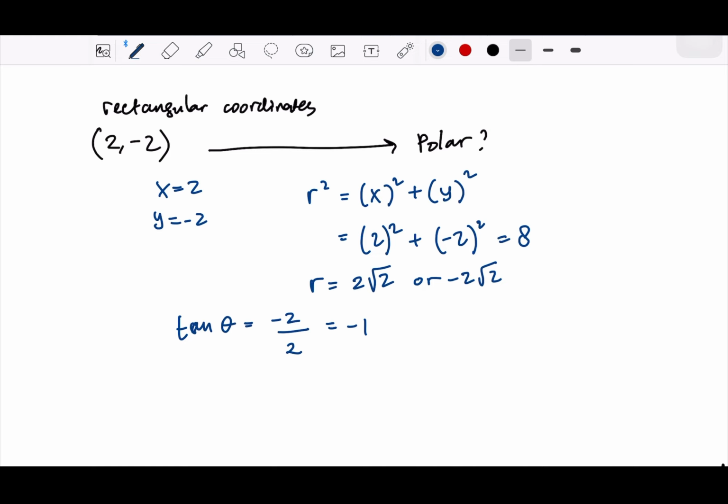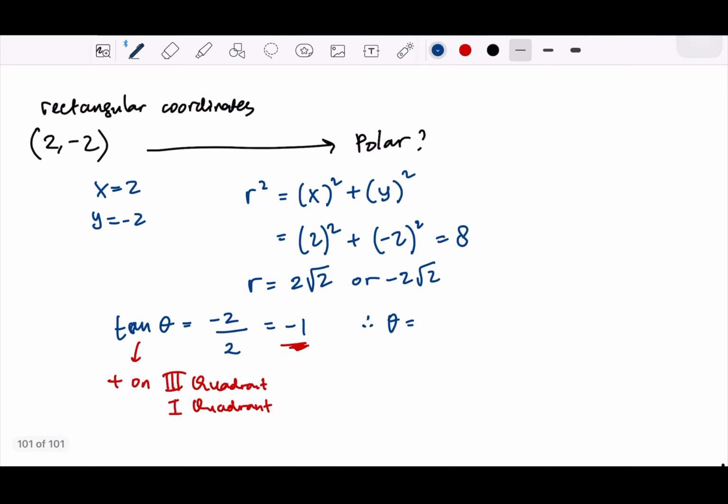So remember, whenever we have tangent negative... tangent is positive on the first and third quadrants, sorry, I forgot the first one. So on the second quadrant and the fourth quadrant, the tangent will be negative, as we can see here. So we could conclude that theta will be 3 over 4 pi, or -pi over 4. 3 pi over 4 is on the second quadrant, and -pi over 4 is on the fourth quadrant, right?